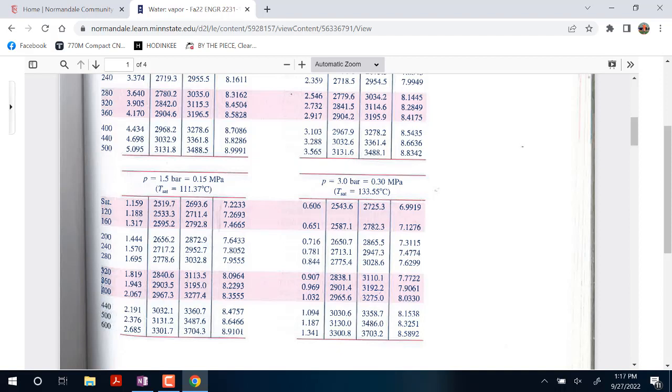If you look at these values for 0.1 megapascal, 0.15 megapascals, 0.3 megapascals, and look at the pressure differences for 200 and 240, you can tell that interpolating over pressure isn't going to make much of a difference. So you could also get a better approximation by just calling it 0.3 megapascals and just interpolating one time between 200 and 240 degrees.